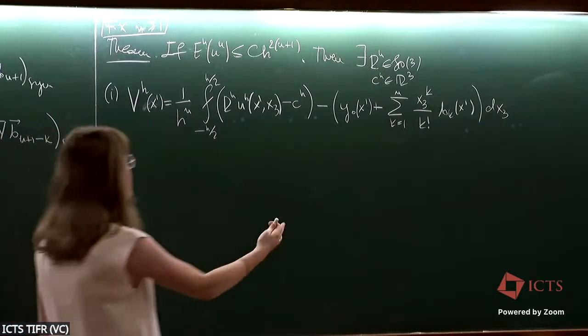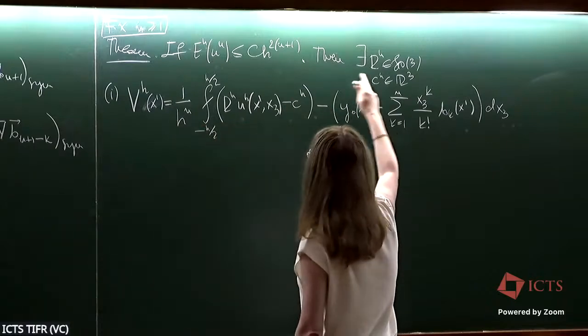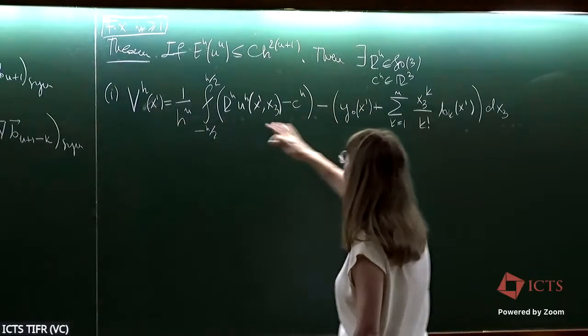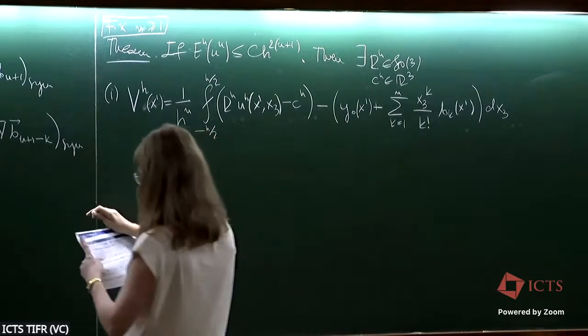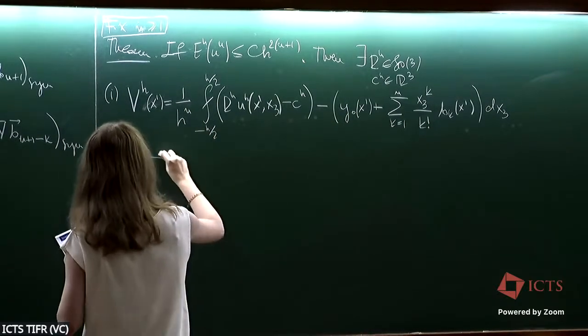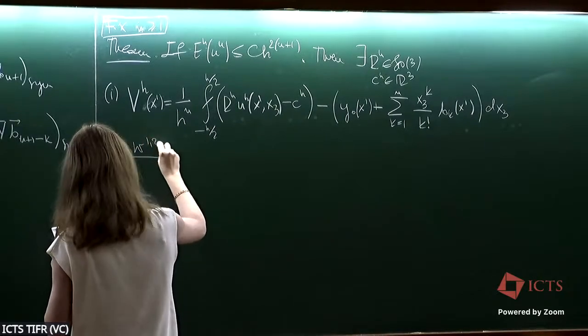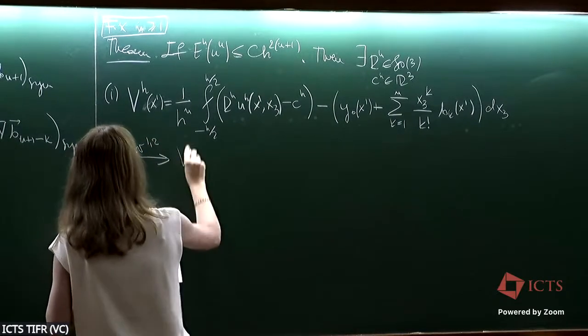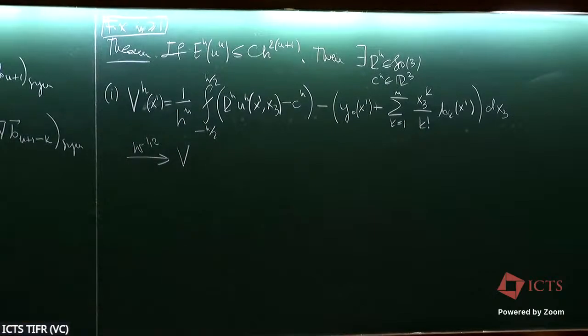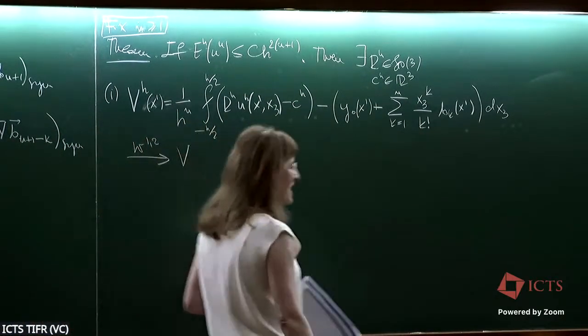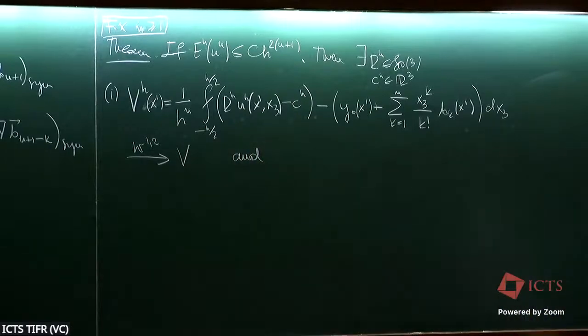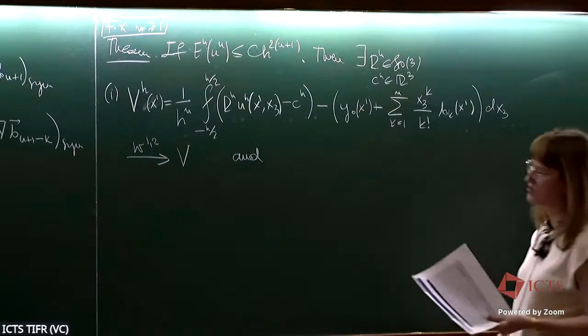And the statement is that, okay, modulo some rotation and translation, this displacement, which we just defined, converges strongly in W12 to V. And this V is of regularity W22, and it's a first order infinitesimal isometry.